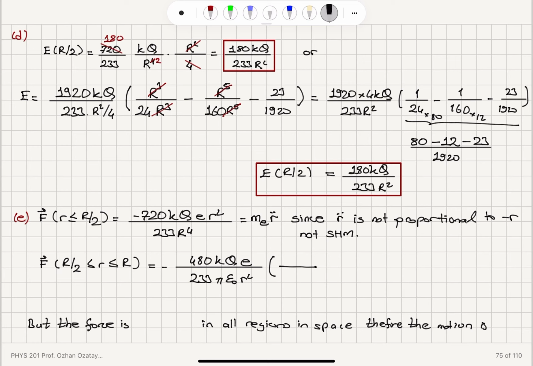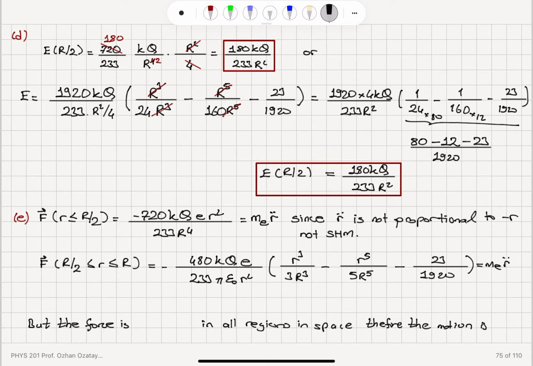The first term, r cube over 3 capital R cube minus r to the fifth power divided by 5 R to the fifth power minus 23 divided by 1920, and this is mass of the electron times its acceleration.